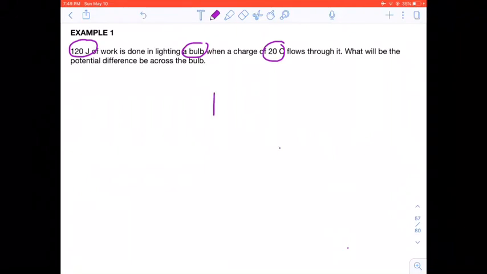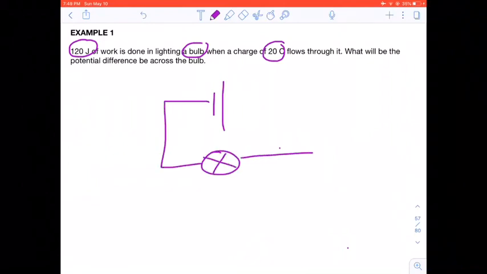So we have, for instance, a battery there, and here we have a bulb, and we have current moving like that, and the amount of charge that moves through here is 20 coulombs, and the amount of work done by the battery is 120 joules, right?